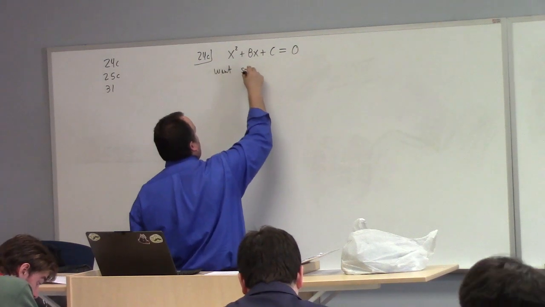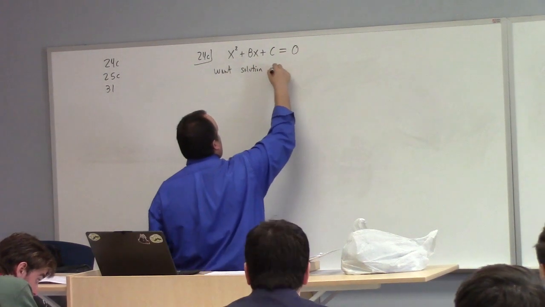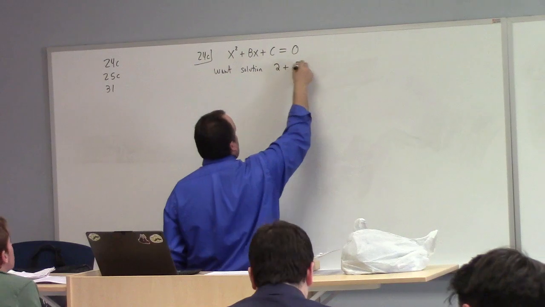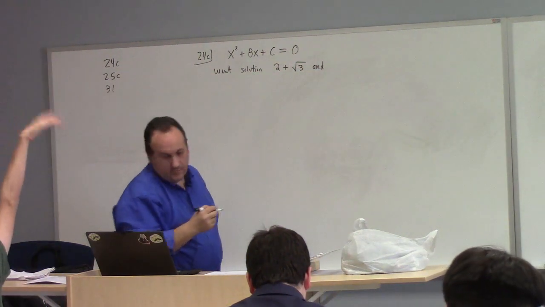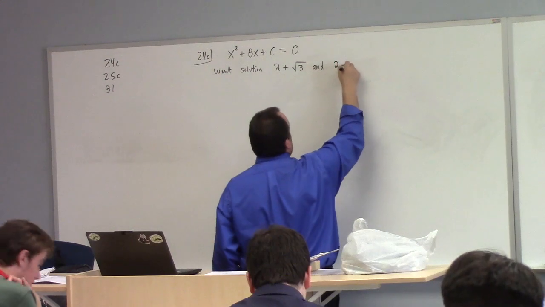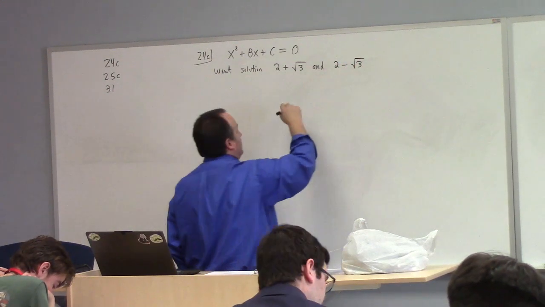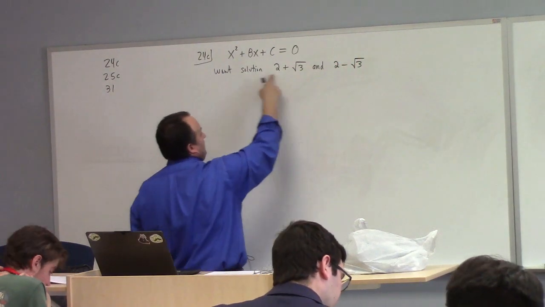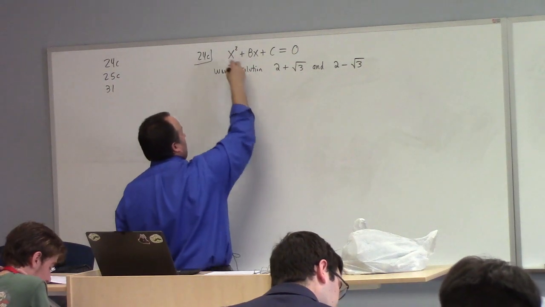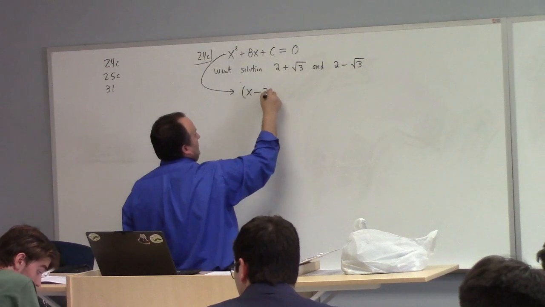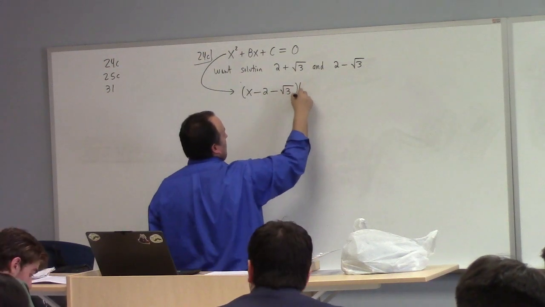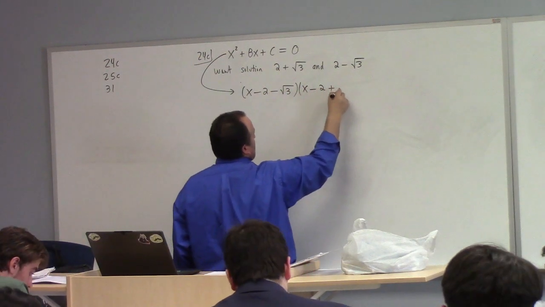What do you want the solution to be? 2 plus root 3, and what else? 2 minus square root 3. All right, so the way to solve this is, if we want that to be the solution, that means this has to be able to be factored to x minus 2 minus the square root of 3 times x minus 2 plus the square root of 3.